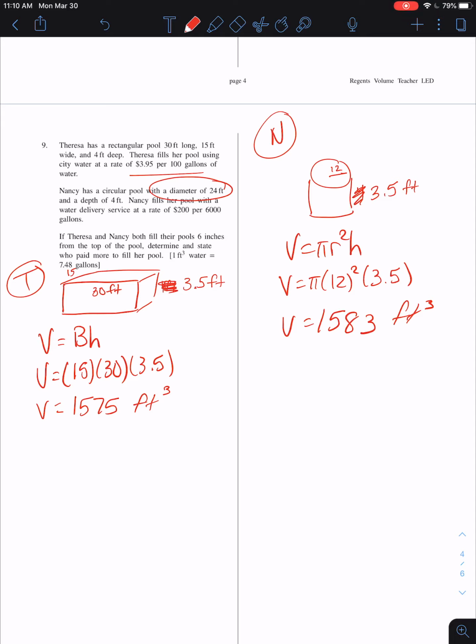Now, they told us that 1 cubic foot is 7.48 gallons. So first thing we need to do now is convert to gallons. So we're going to go from cubic feet to gallons. And the way we're going to do that is just by multiplying by 7.48. So that's going to be our next step for each problem here.